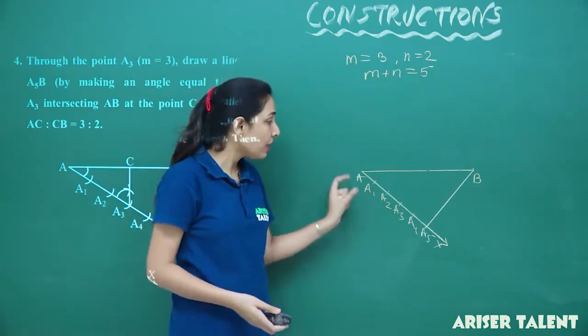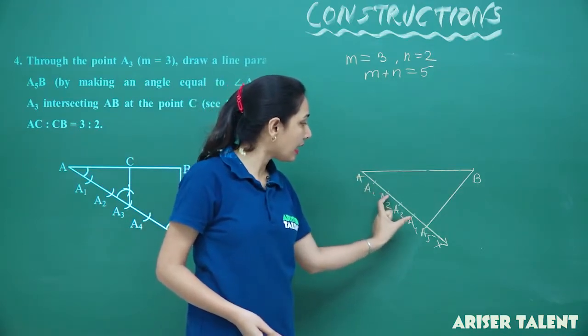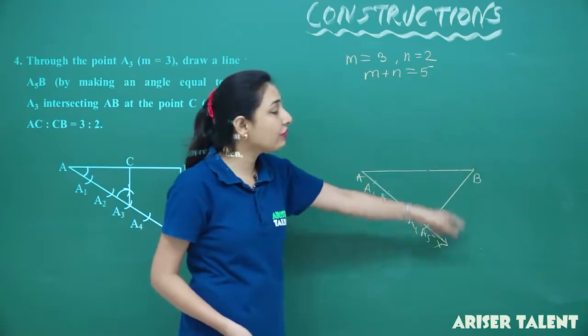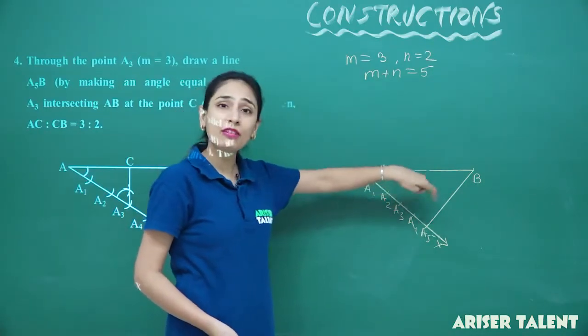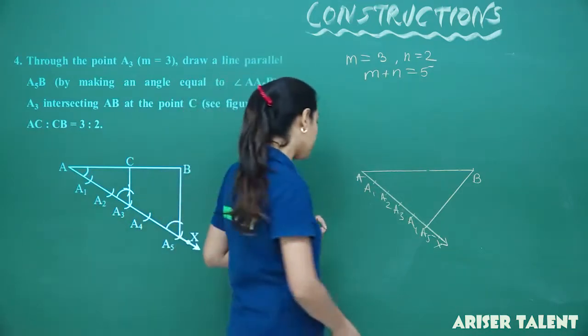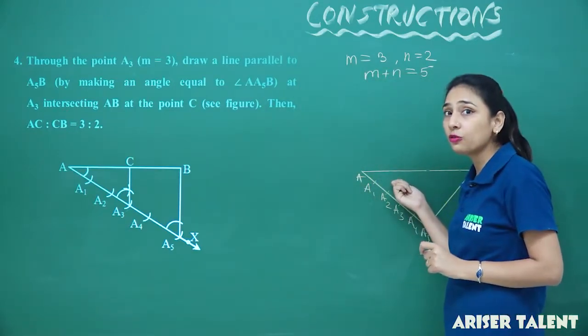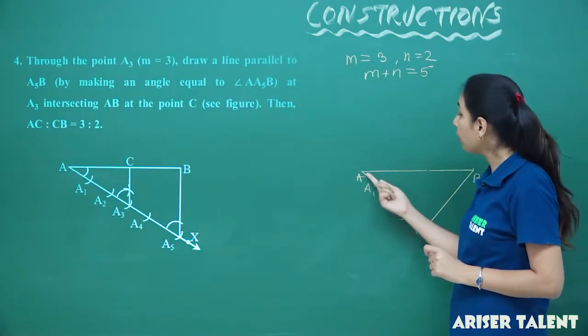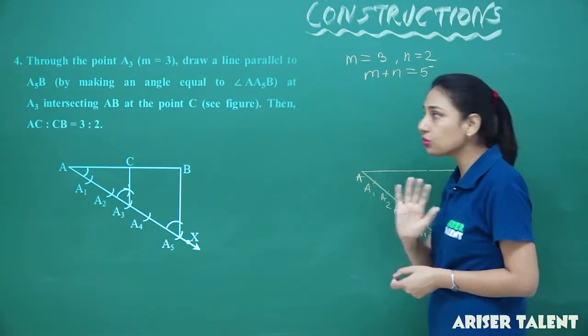This A1 can be of this length, and then the other lengths will follow automatically, so have no worries about it. Your line will be divided into the given ratio only. Just follow the steps. You have no parameters for this, neither what angle you will make with it, nor what distance you will have for AA1. So no parameters here.